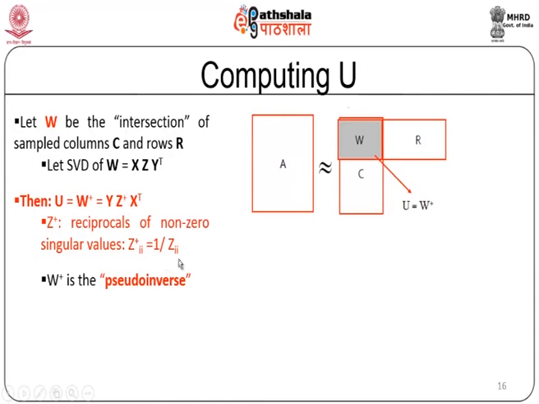The W plus here is a notation used for indicating the pseudo inverse, and therefore it is called a pseudo inverse matrix.